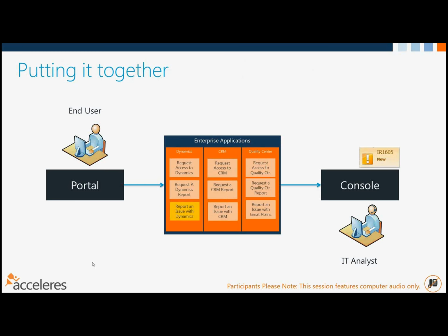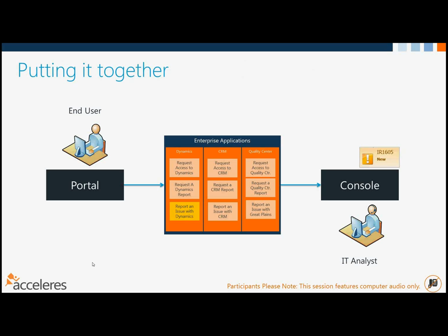To use a real-world example, let's say that in our service catalog we've got a category for enterprise applications. And we maybe have three service offerings within the category of enterprise applications. We have Dynamics, we have CRM, we have Quality Center.